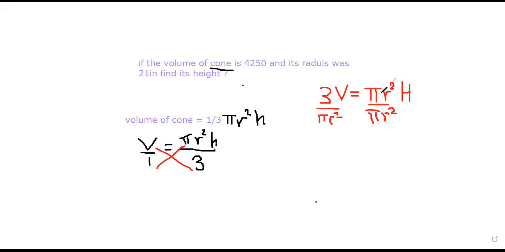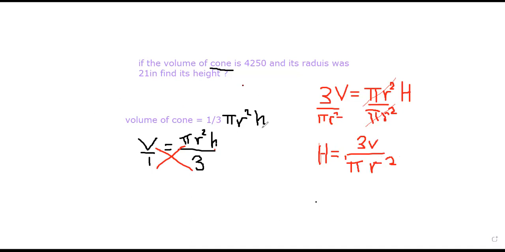We will cancel pi R square with pi R square, which means we have h equal 3V over pi R square. Now we will only substitute.